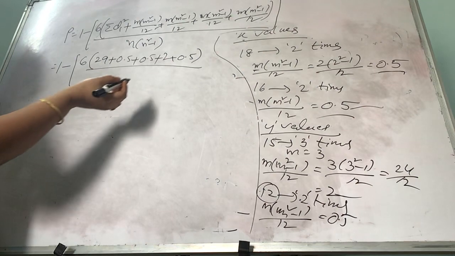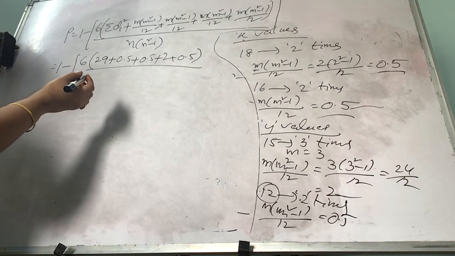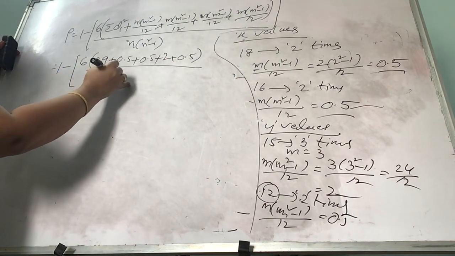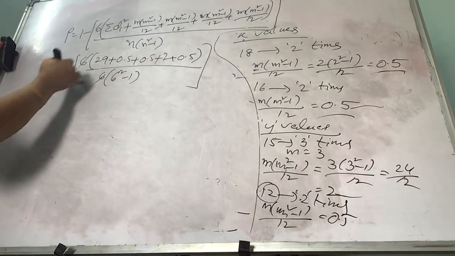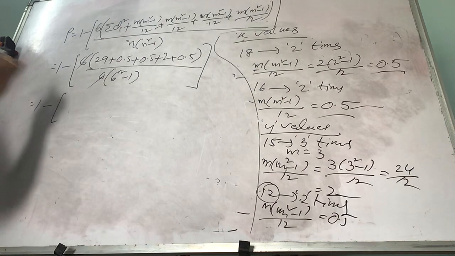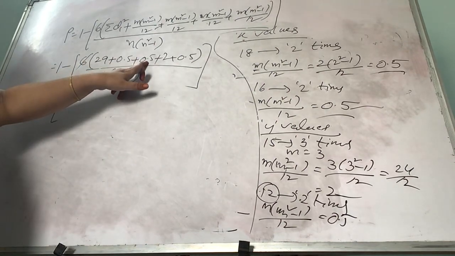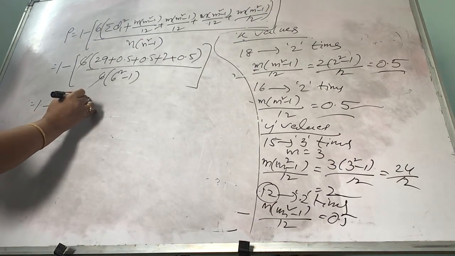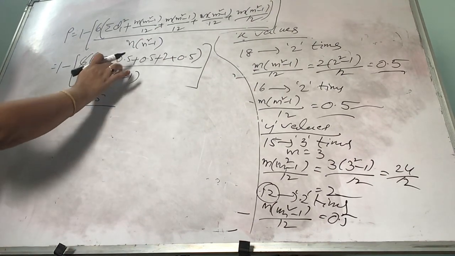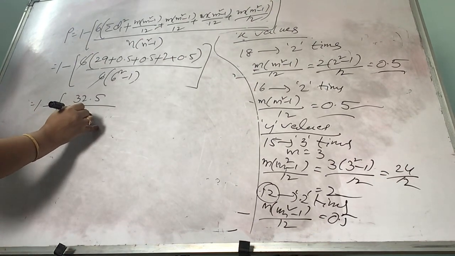Here n is the number of observations, which is 6, so 6 into 6 square minus 1. Here also 6 gets cancelled. 29 plus 1, 30, 30 plus 2, 32, 32.5 by 6 square minus 1, 35.